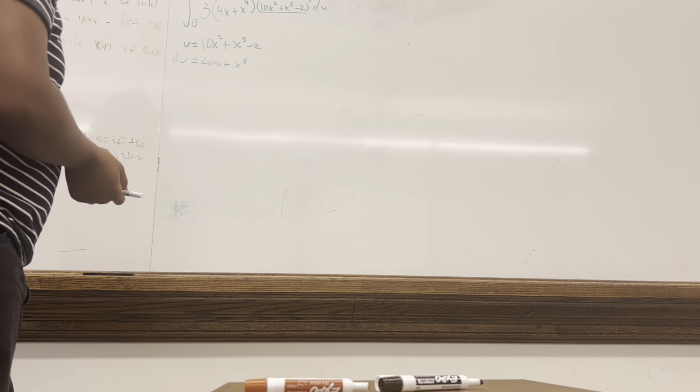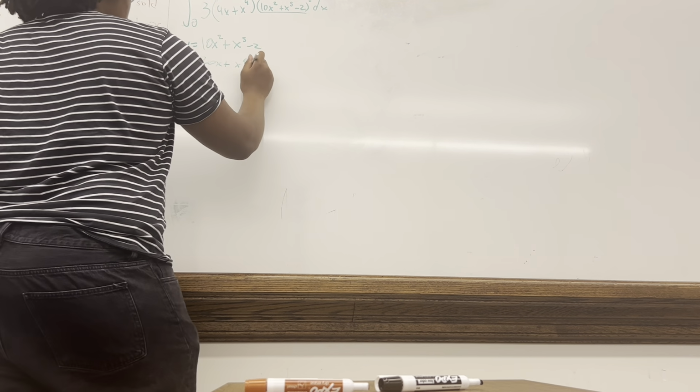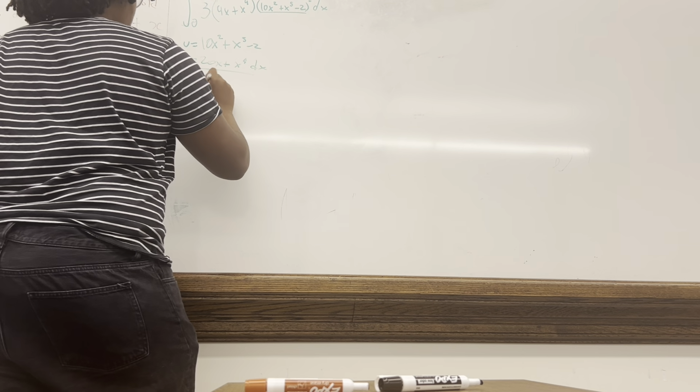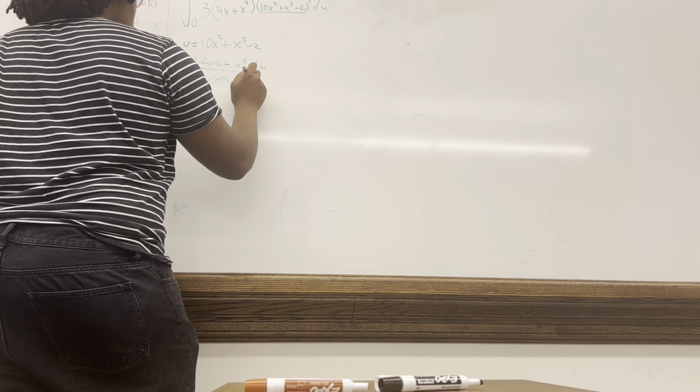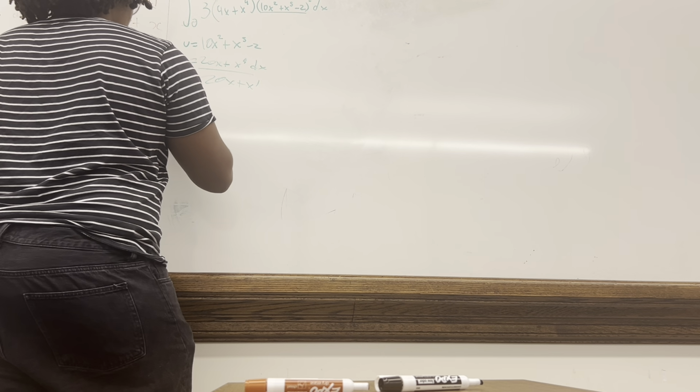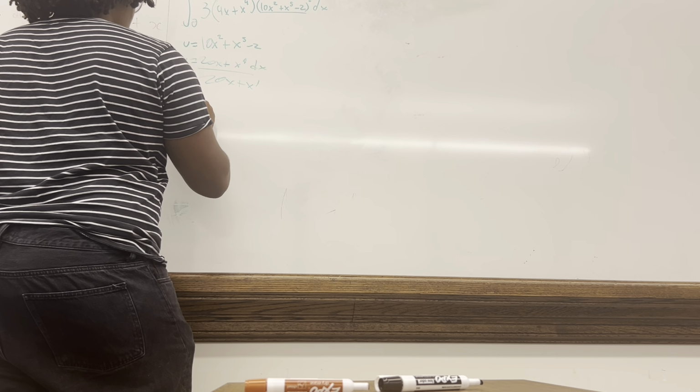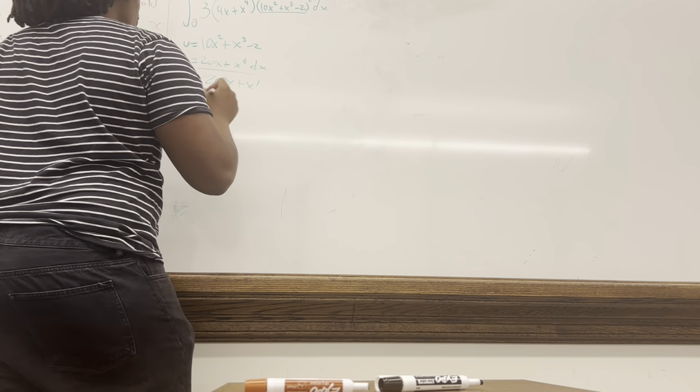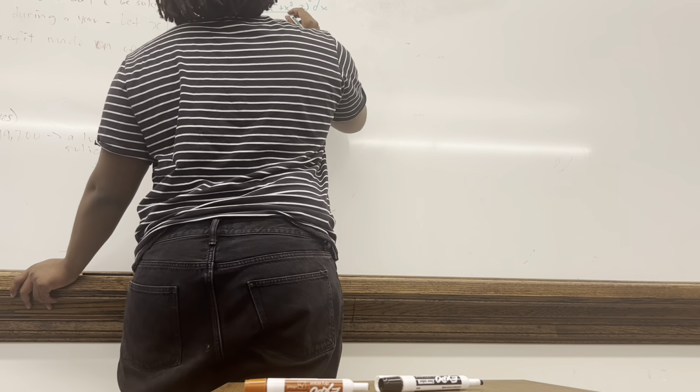Simple enough. dx. Now then, divide by 20x plus x to the 4. du is going to be x to the 4 plus 20x. Cool. We're going to split that back into the equation.